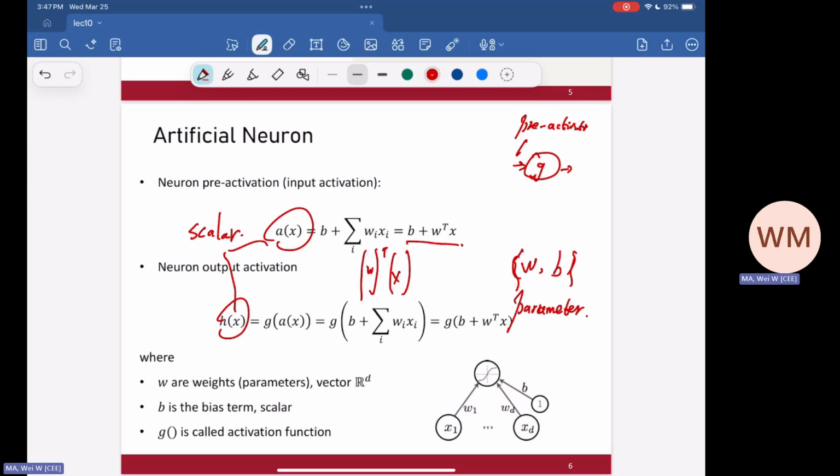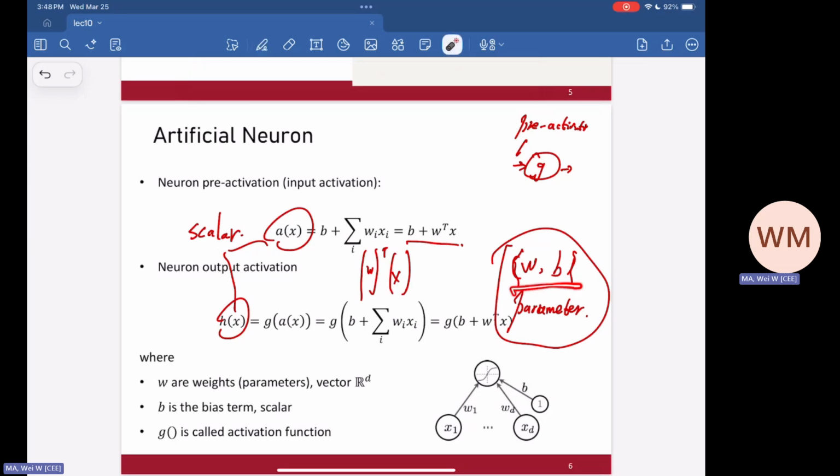For this neuron, W and B are what we don't know. The activation function, most of the time, does not have parameters. It's just a function. So as a neuron, what changes is this: if you change W and B, the neuron will change.